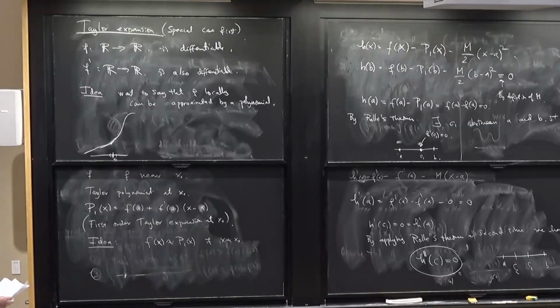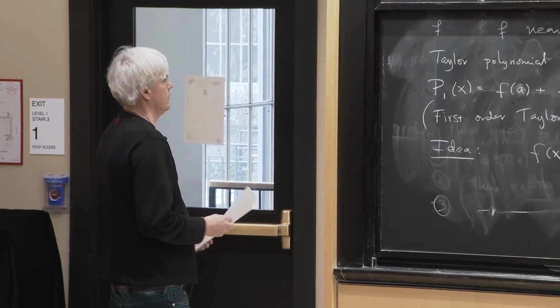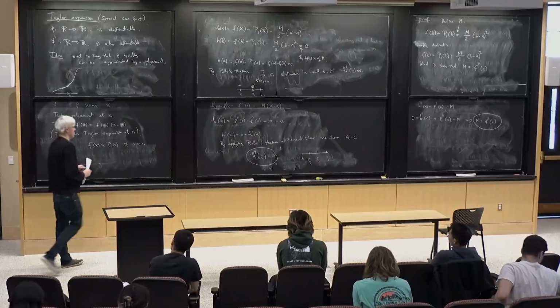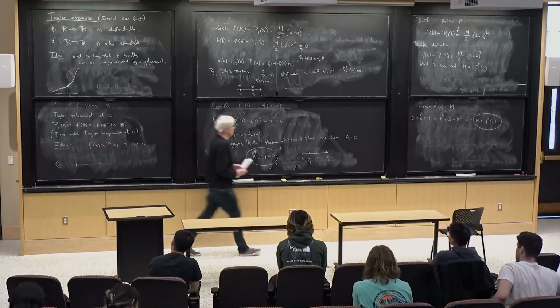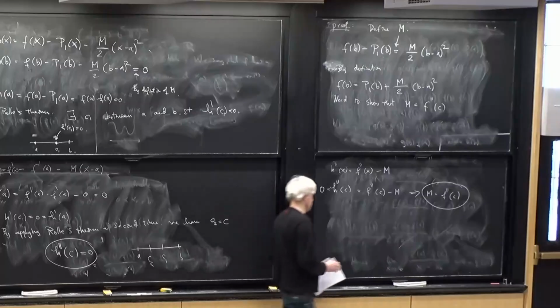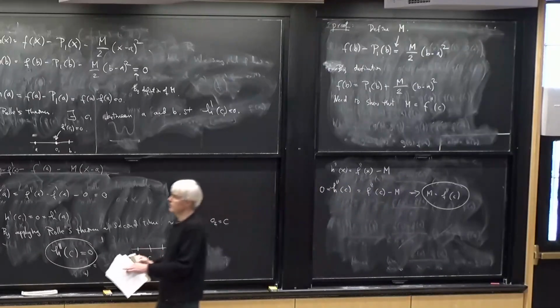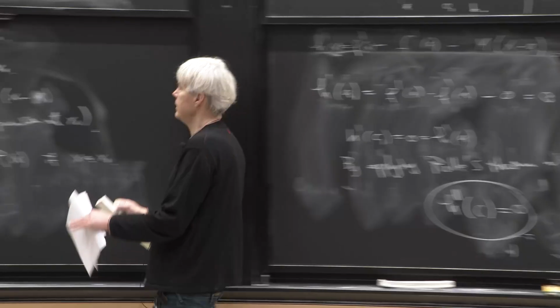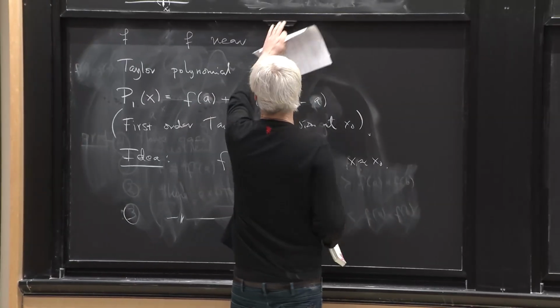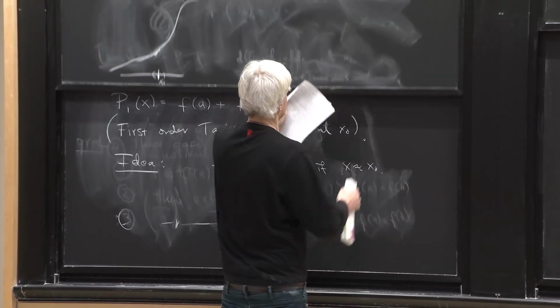Okay, so that was Taylor. This was just a special case of Taylor expansion. Let me state the general case. In proving the special case, we applied Rolle's theorem twice. But you can actually apply Rolle's theorem k times.